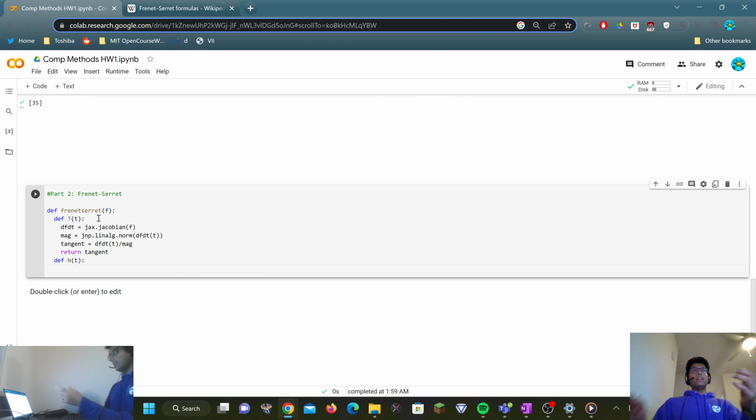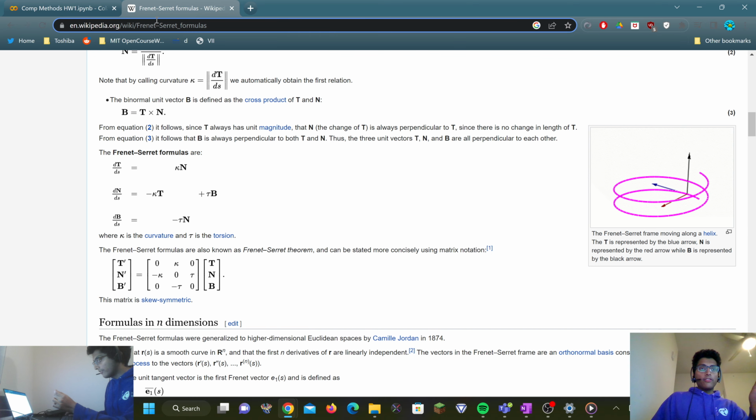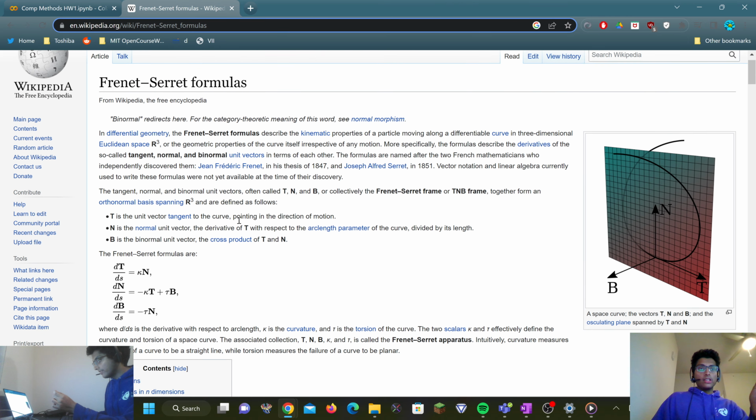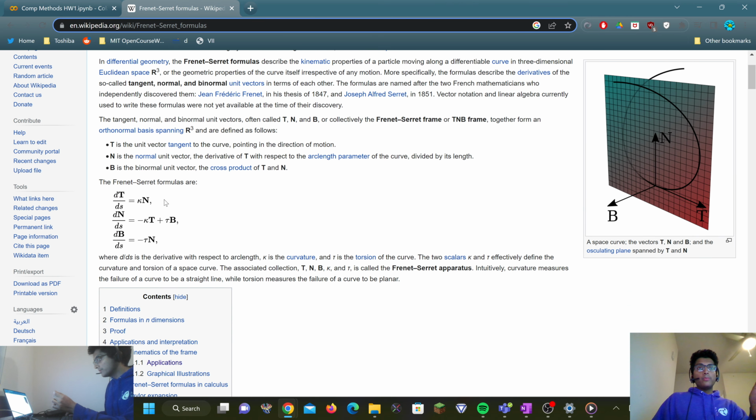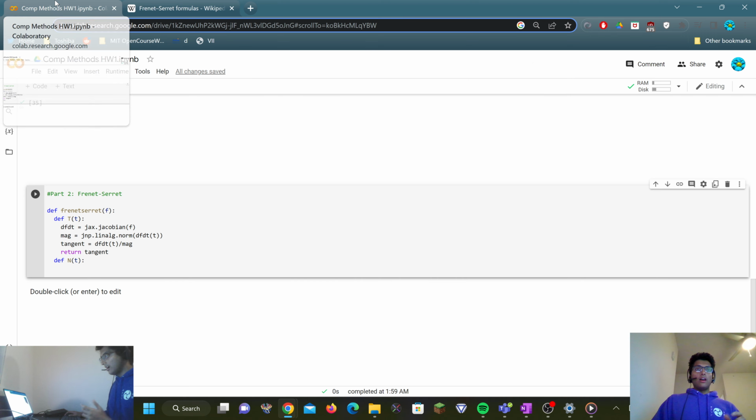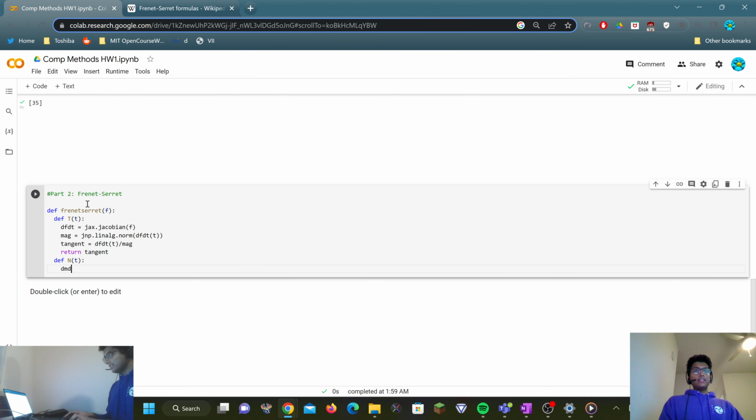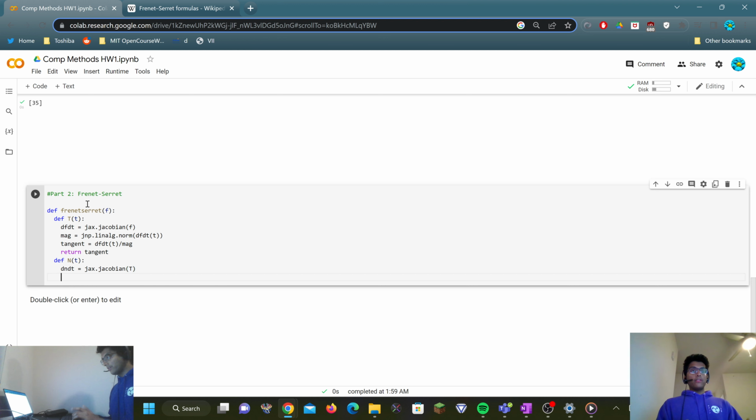We're going to do the same thing here, except if you look at the Frenet-Serret definition, the normal is basically the derivative of the tangent. So instead of using the function, we're going to use the tangent. So it's going to be dn dt equals jax.jacobian of tangent, because we're taking the derivative of the tangent.